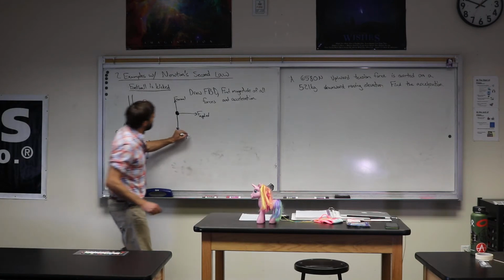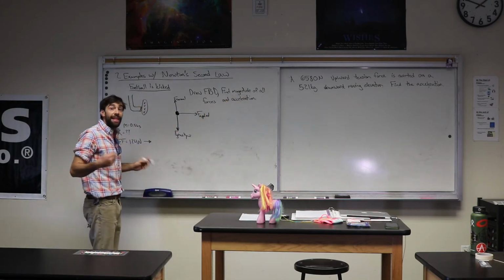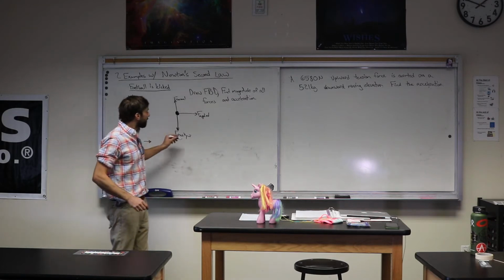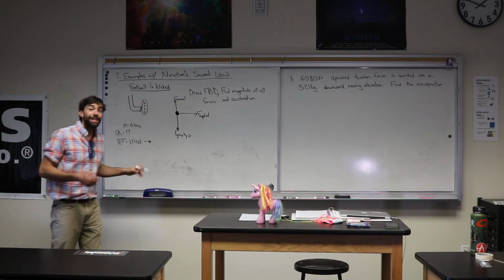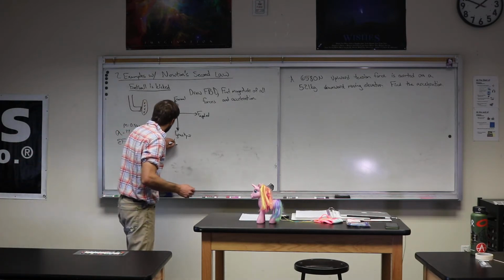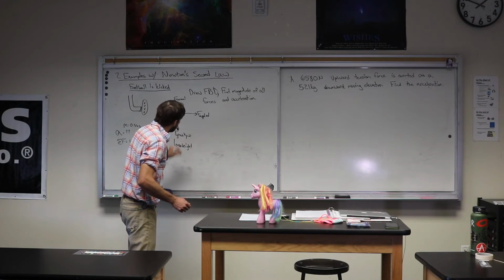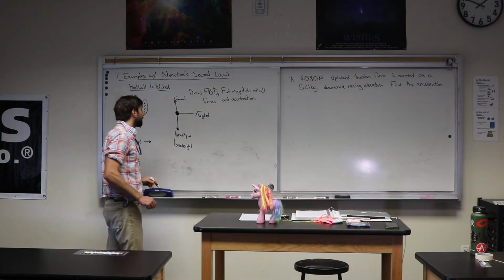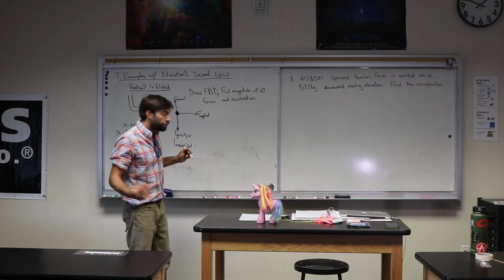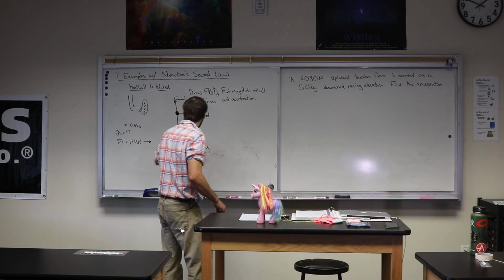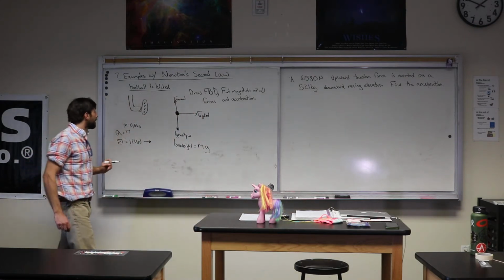So let's go ahead and figure out. It says find the magnitude of all the forces, and then we'll find the acceleration. So let's first find the force of gravity. Remember, force of gravity is also known as the weight. So we have the weight of our object, and our weight, or force of gravity, is equal to mg. Well, the mass is half a kilogram.